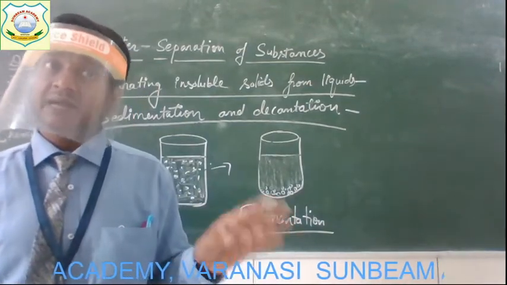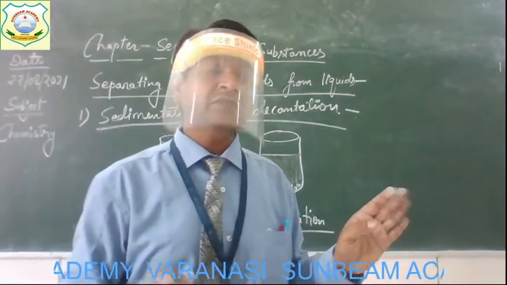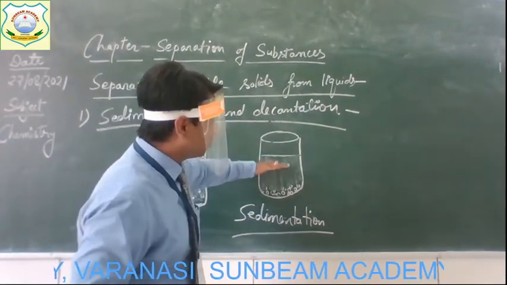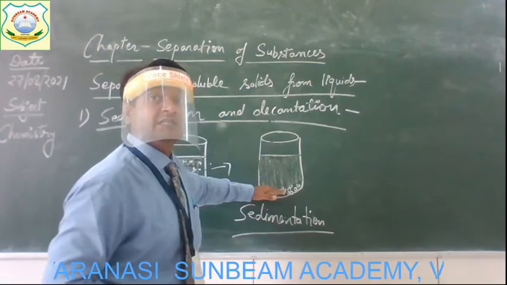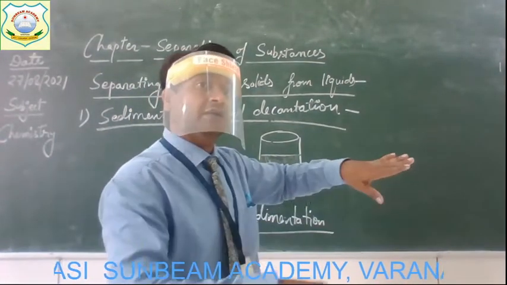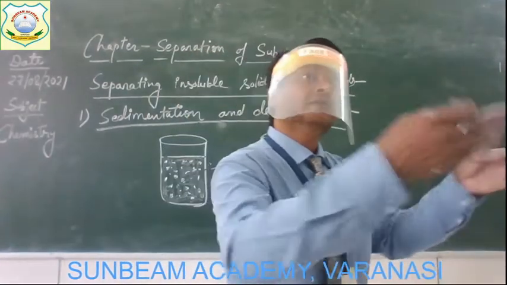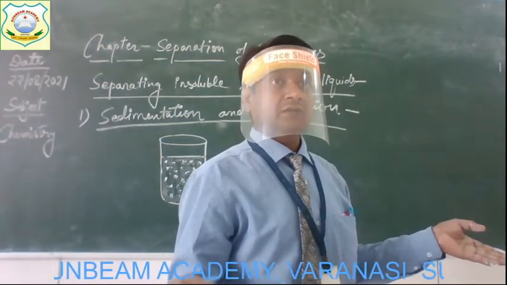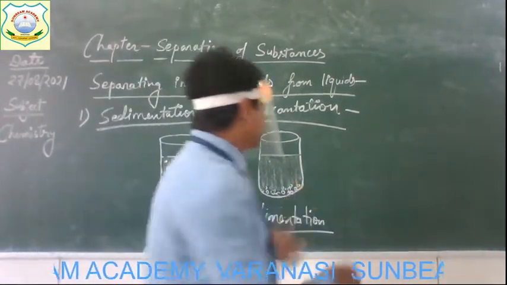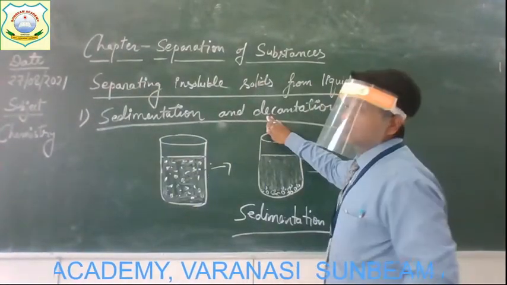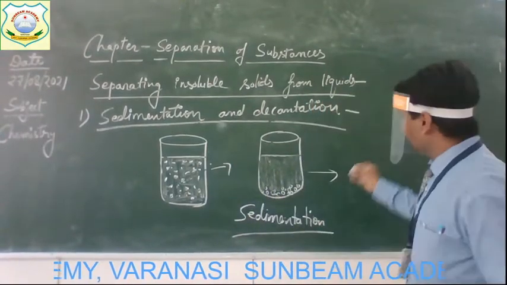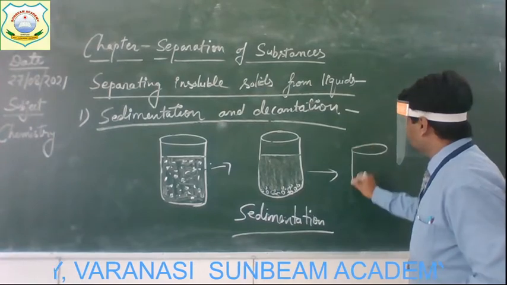Okay, understood? Sedimentation. Now, decantation. Suppose both the substances, this liquid and this solid, have settled separately. How can we separate them? They are both visible separately here, so we need to separate them. For separating them, we will use the method of decantation. We will take another, empty beaker.